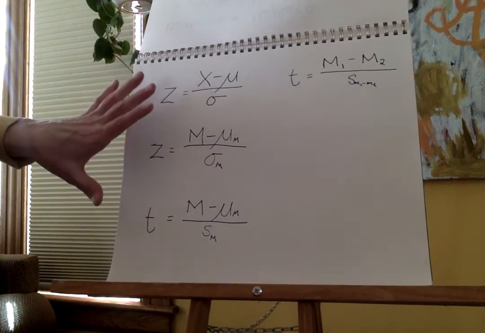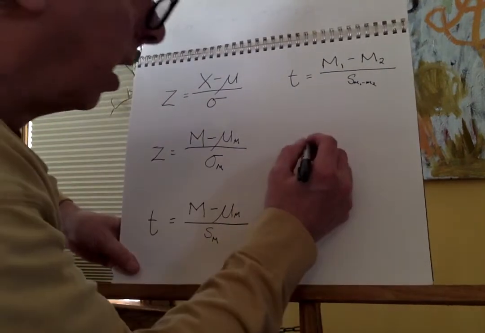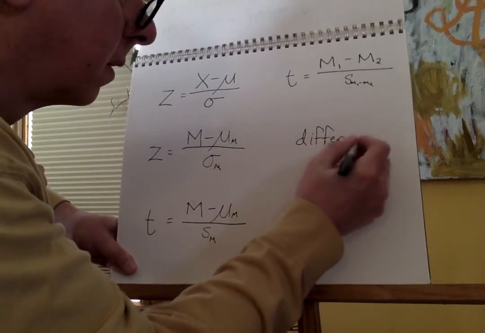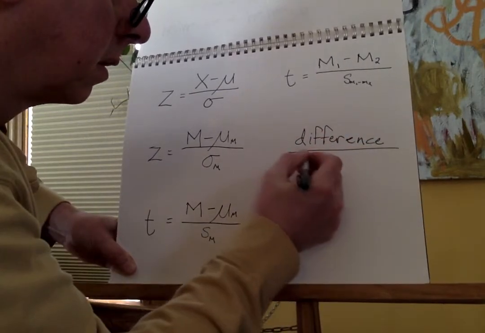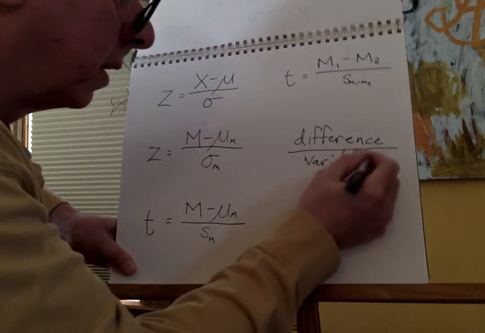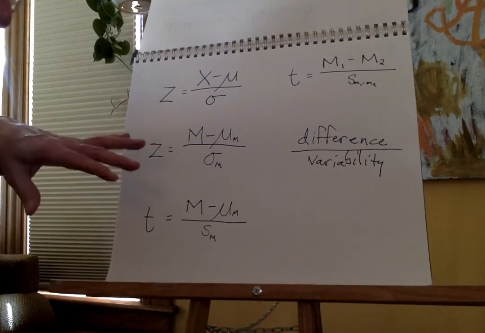The common feature here, it's really a common feature. It's a ratio of what? Difference over variability, okay?